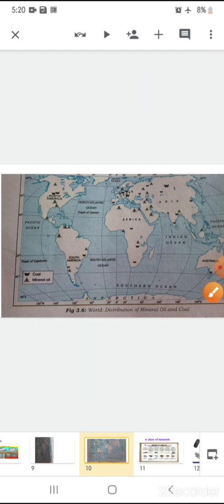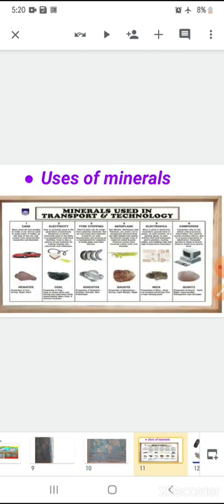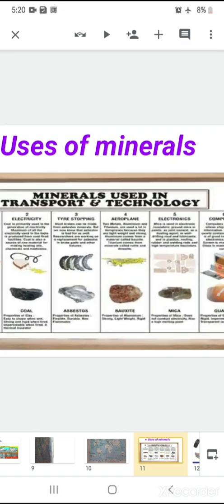Now getting to the next important thing, that is the use of minerals. Minerals are actually used in many industries and in different sectors in different manners.